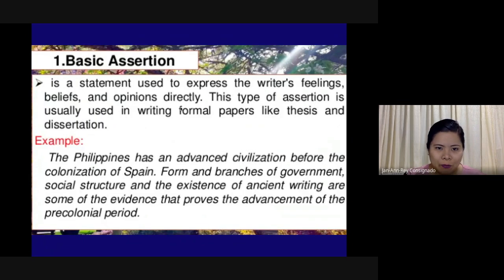Like this: the first sentence, that is the basic assertion, then the second sentence, you have your evidence.